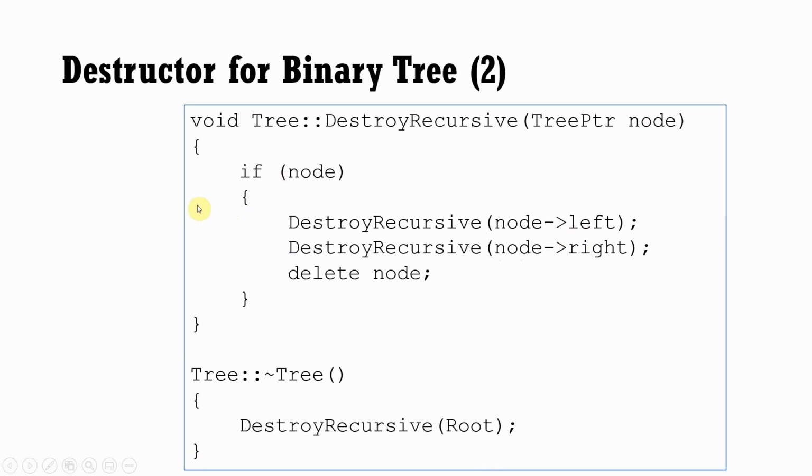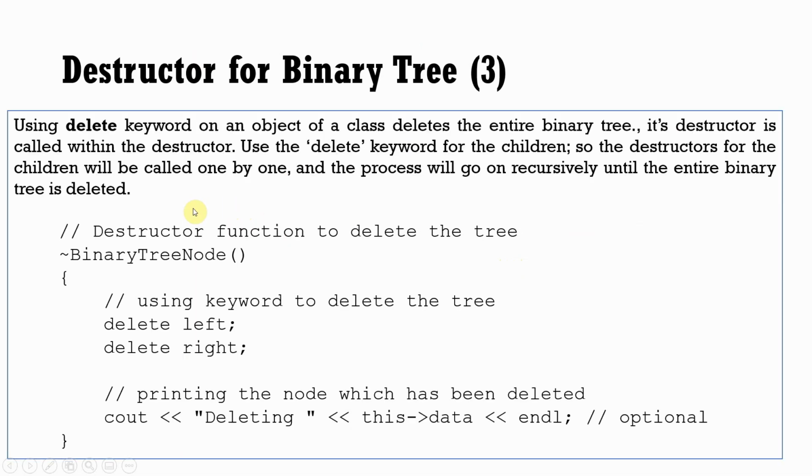Okay, in newer C++ compilers, this can also be done using the delete keyword. It just makes life easier. I'm not sure if this works on every compiler, but what you can do is basically delete the left child. Once it tries to delete the child, it would automatically, implicitly and recursively go all the way to delete the whole tree.